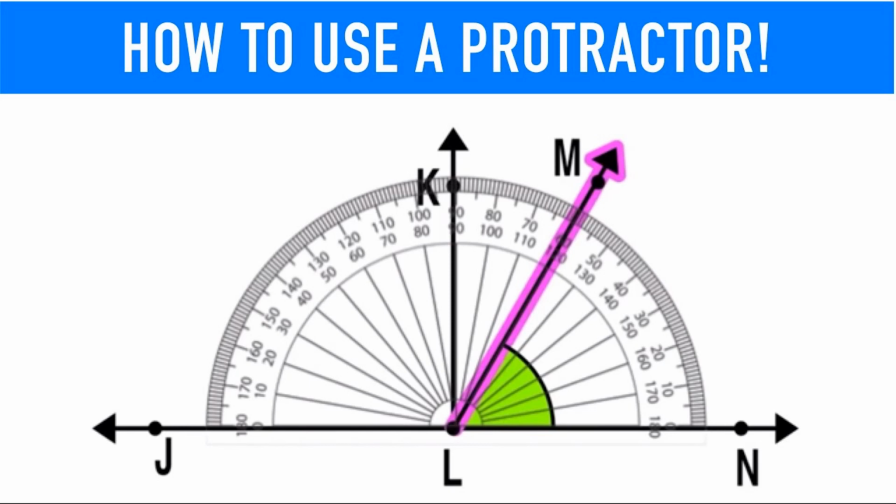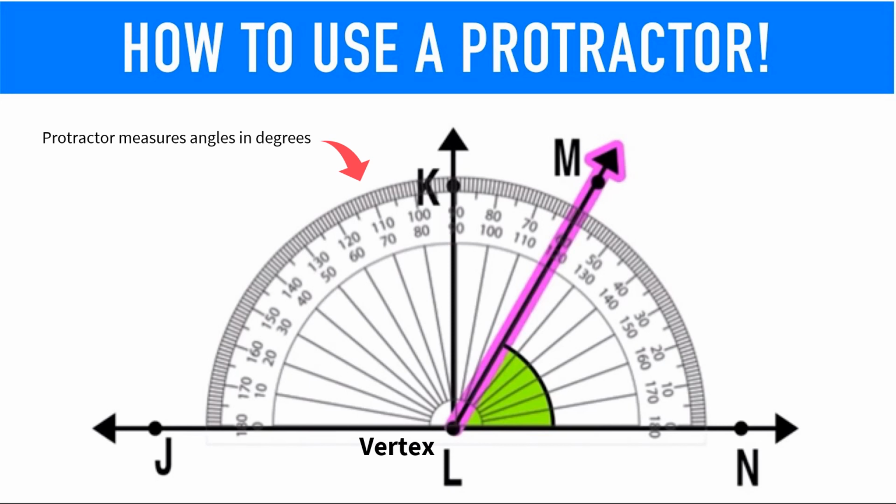How to use a protractor. A protractor measures angles in degrees. All the markings that you can see on the side of the protractor, 0, 10, 20, 30 all the way to 180, are in degrees.